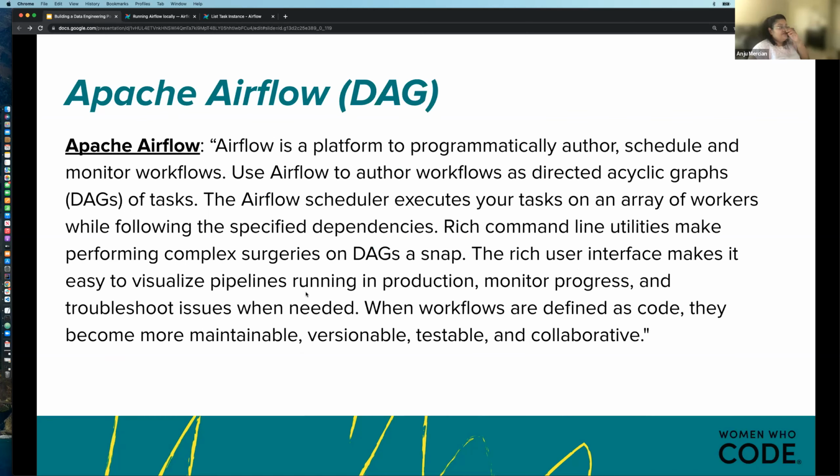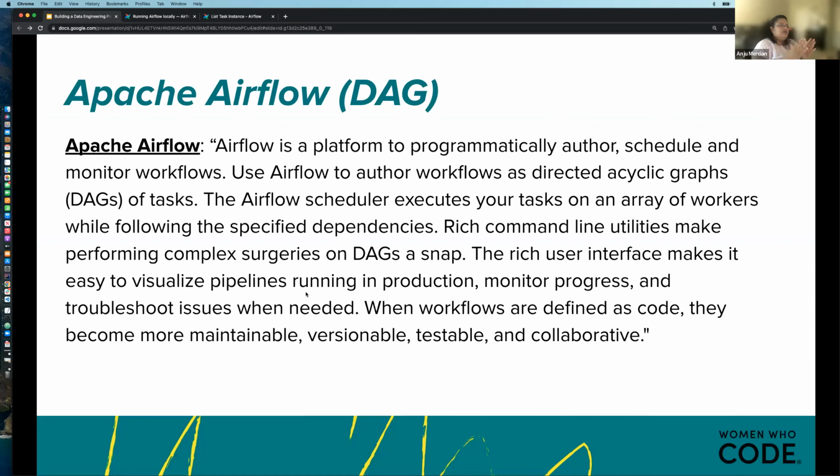So this is the definition of what a DAG is. A DAG is basically a way to programmatically author, schedule, and monitor workflows. If you saw the UI, you saw all the DAGs that are there. You can monitor at one glance which ones are running. If I had all of it on and running all the time, I'll know which one failed, which one skipped, and which is running fine, with the green light and everything it will show.